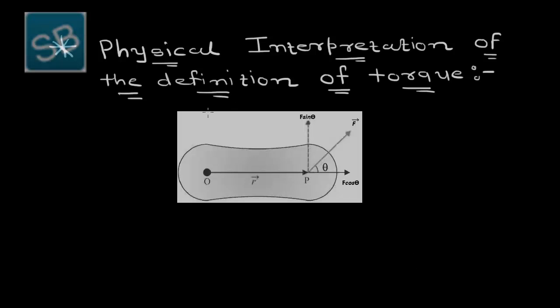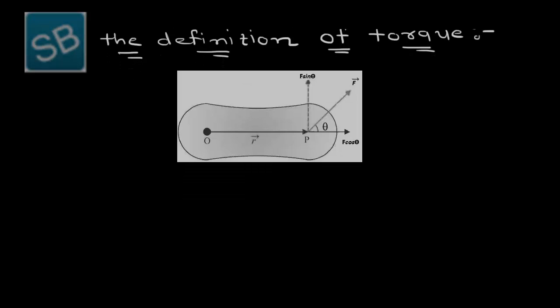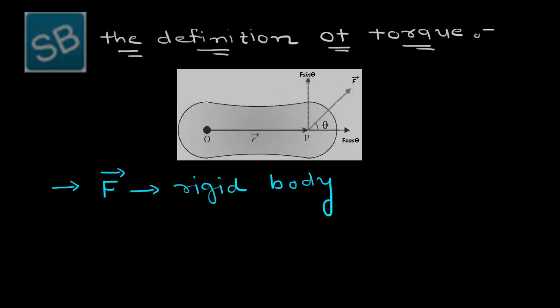So here, as you can see from the figure, the force F is acting on a rigid body. And one more thing which you should have noticed over here is that this force is perpendicular to the plane of axis.